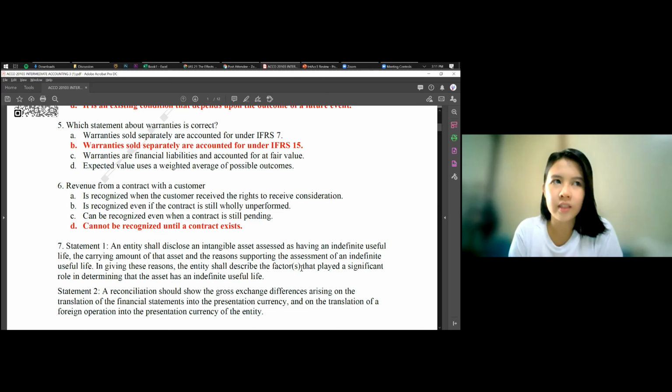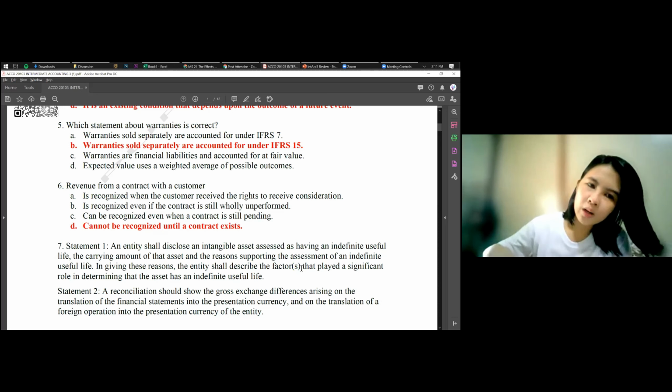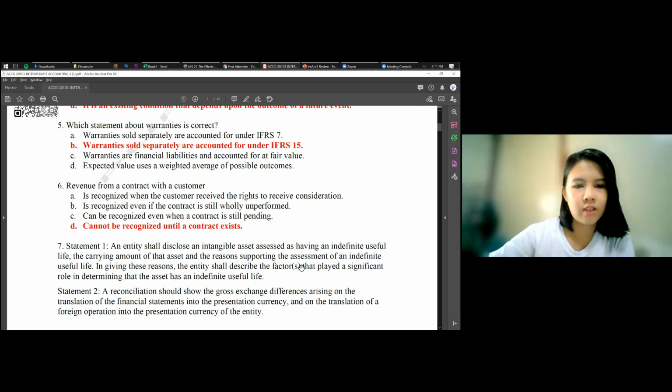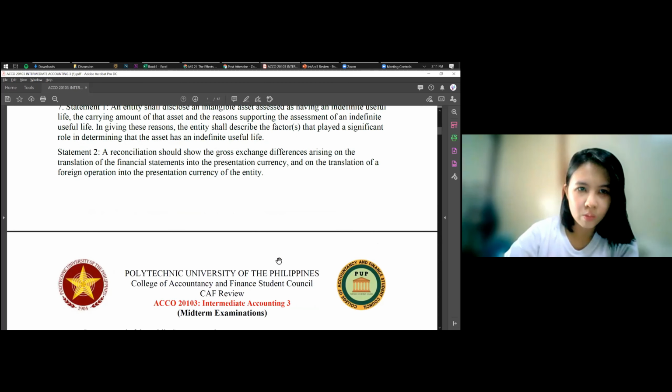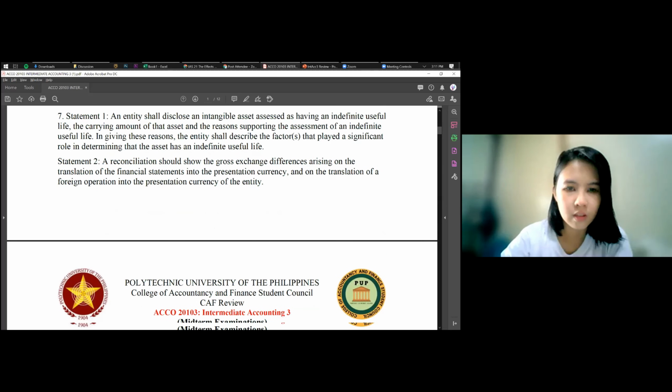It's based on IAS 39, I'm right? So I think the second part of this statement is incorrect. So I'll say 1 is true and 2 is false. Ayan. Statement 2 is false while statement 1 is true. So, yan. This is true. X, C. Statement. Yan.